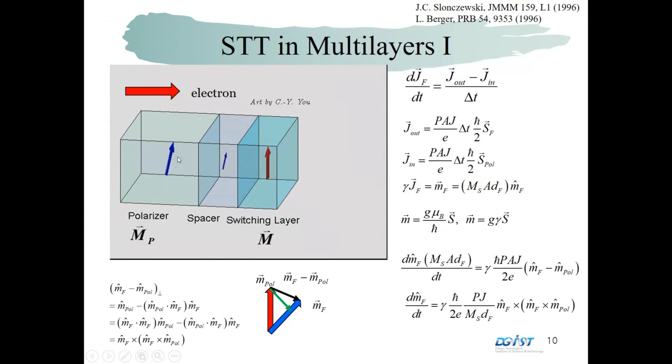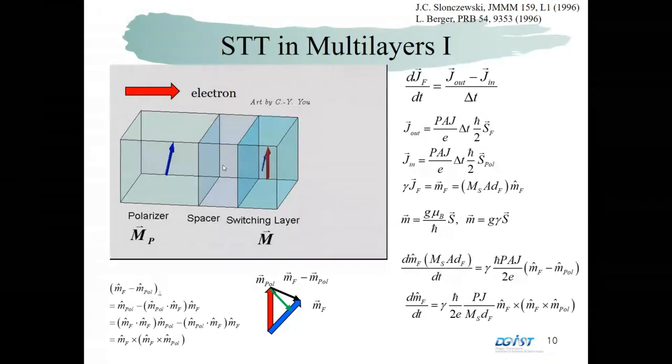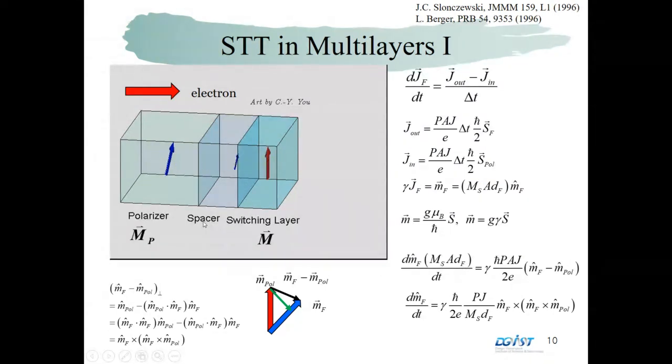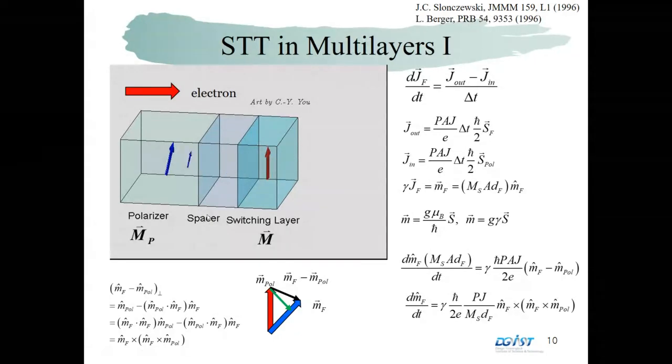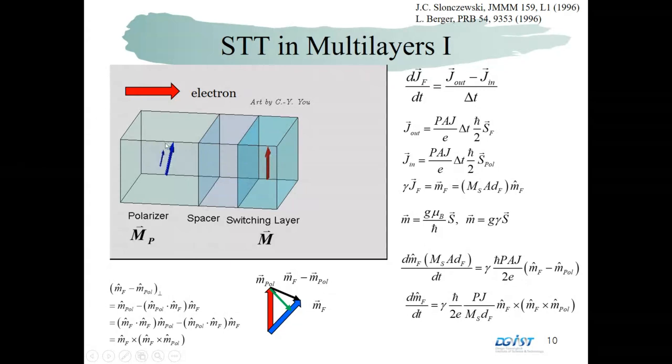If we have a tri-layer, one is a ferromagnetic layer and the other one is a ferromagnetic layer, and we have a spacer layer. Actually this is quite similar to the GMR and the TMR structure. So it doesn't matter if the spacer layer is an insulator or a metallic system. Just think about one ferromagnetic layer, which we call the polarizer.